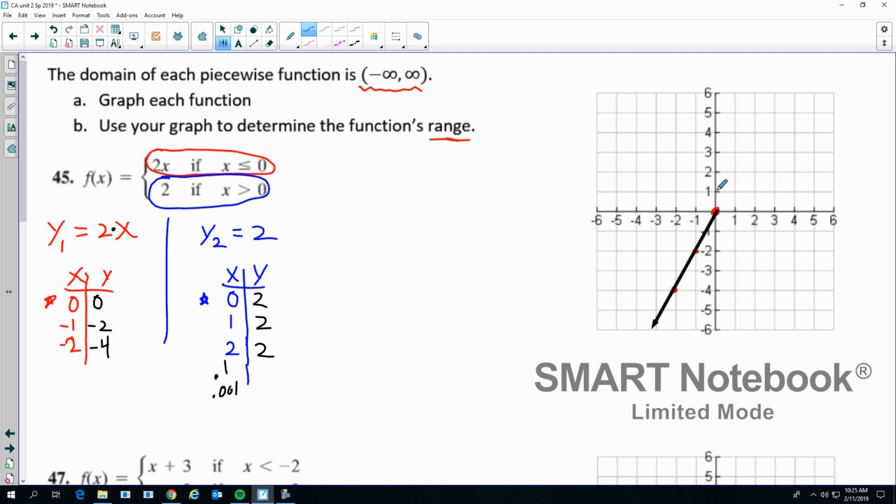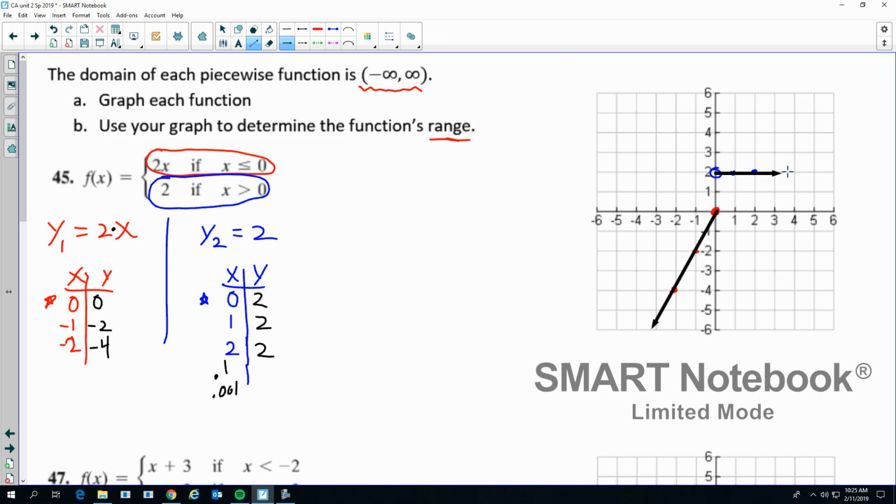So at 0, 2, I'm going to put an open circle. Then I'm going to plot my other points, 1, 2, and then 2, 2. And I'm going to go ahead and draw my line.